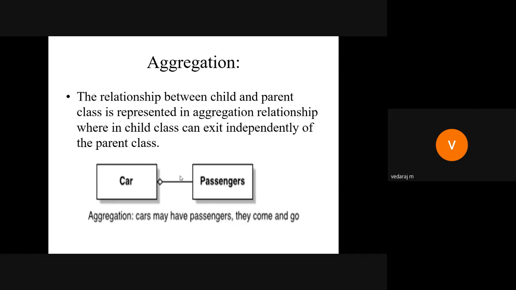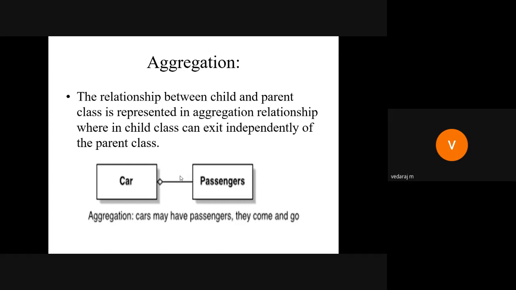Where the child class can exist independently of the parent class is called aggregation. Without the passenger, the car can still exist. Without the car, the passenger can exist.